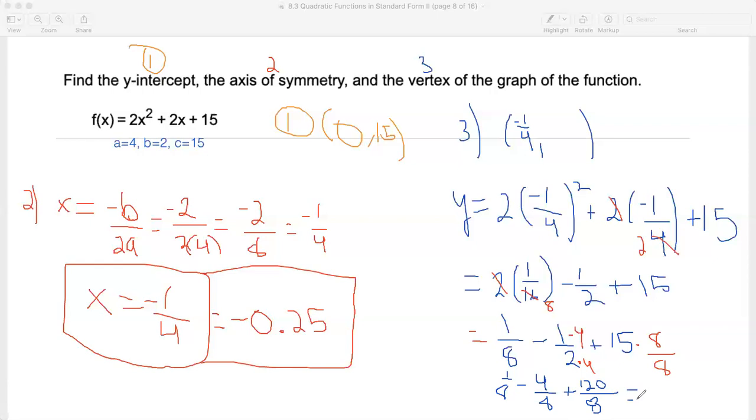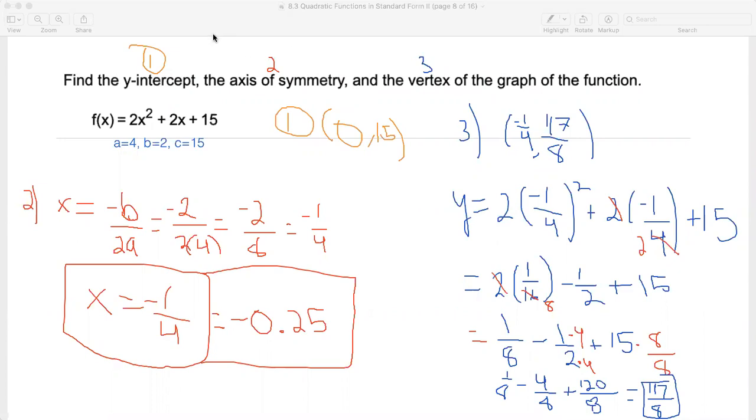Negative 3 plus 120 would give me 117 over 8. Wow. All right, I know that looked messy. It's doable. You just have to be patient. And that is the y value of your vertex, 117 over 8. Let me erase this comma because it looked like a 1. Okay, thank you for sticking with me on that.